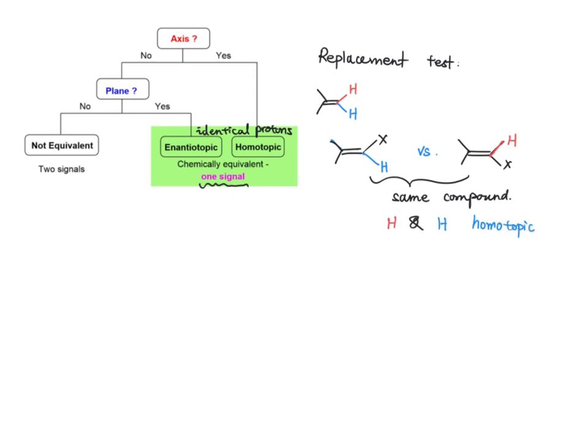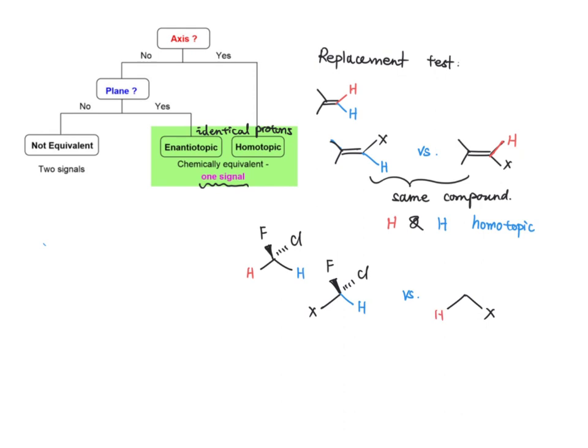They are identical. Now if we are looking at, for example, this molecule right here, we have this red hydrogen, blue hydrogen, and we have fluorine and chlorine. Now we are going to replace hydrogen with X, the red one first, and leave the blue one as it is. Versus if we replace the blue one with X and leave the red one.